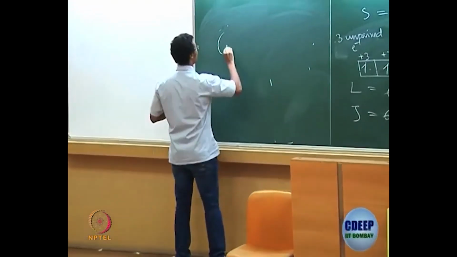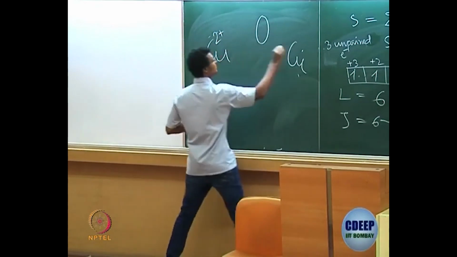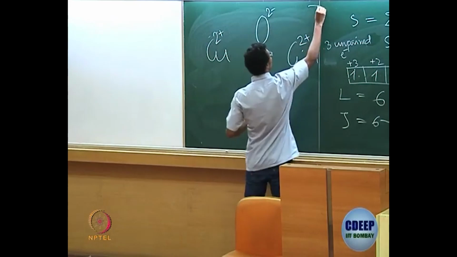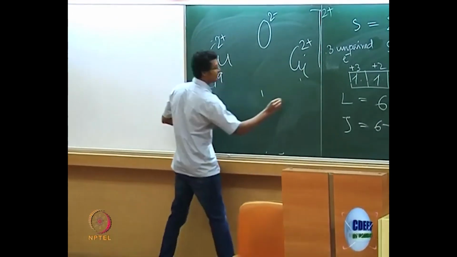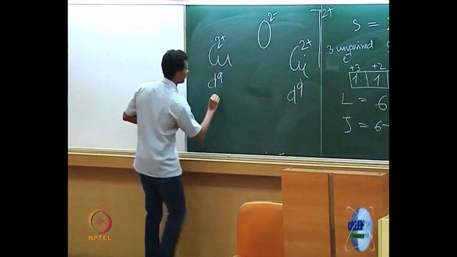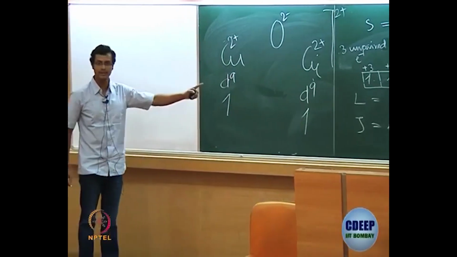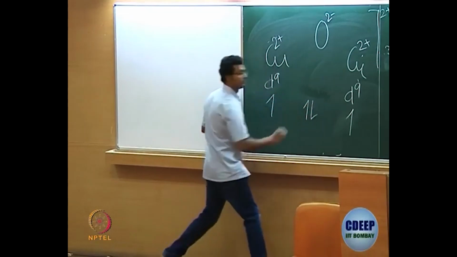Let's say you are having copper, oxide, copper, 2 plus, 2 minus, 2 plus, the net charge is going to be, let's say, 2 plus, doesn't matter. Now this is a d9 electronic configuration, this is a d9 electronic configuration. One spin up, one unpaired electron, one unpaired electron. Oxide is having two unpaired electrons.